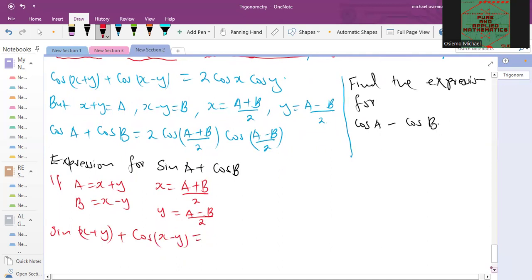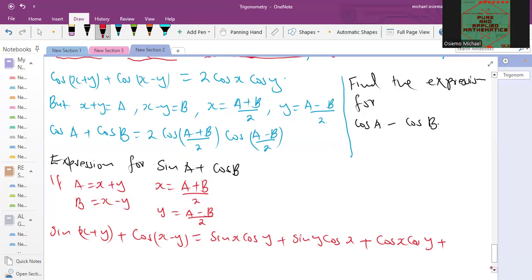If you expand these expressions, for sin(x plus y) we shall have sin x cos y plus sin y cos x, then plus cos x cos y plus sin x sin y.